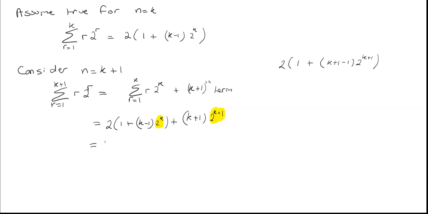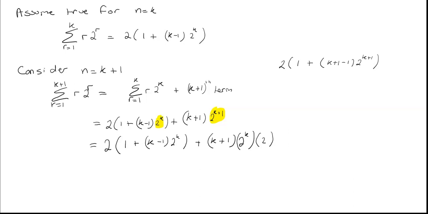That's a personal preference. So I'm going to convert the second one into power k. So I'm going to leave this as it is. And this 2 to the power k plus 1 is going to become 2 to the k times 2.